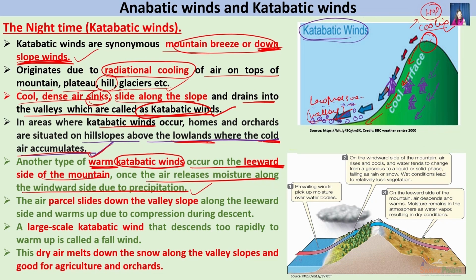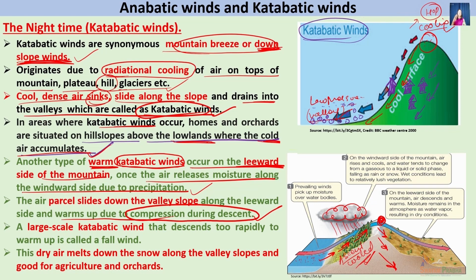If the moisture laden winds are forced to ascend a mountain barrier, during their ascent they are cooled, leading to formation of clouds causing precipitation along the windward side. But as soon as they reach the mountain tops or plateau tops, they start sinking along the leeward side and warm up due to compression.